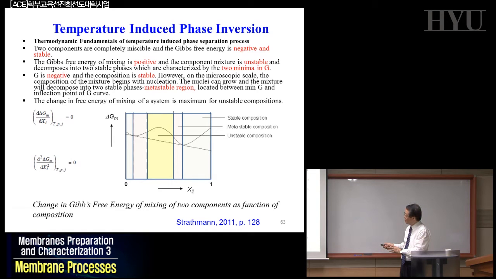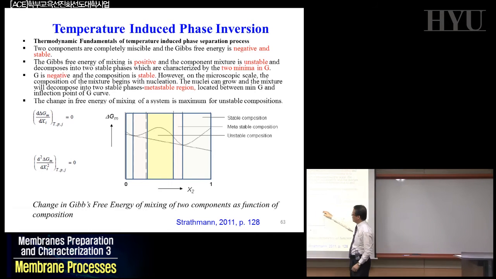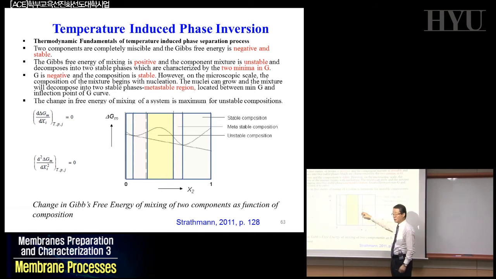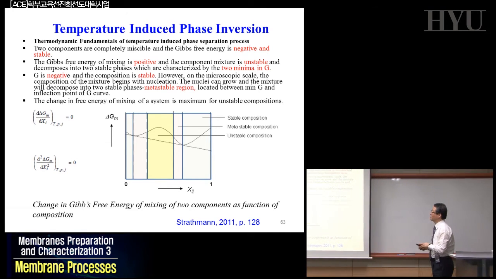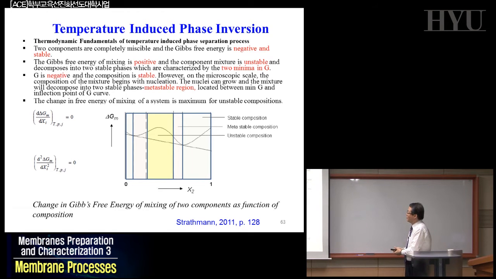You start from the right-hand side, you pass, you start to see the milky phenomena, and all of a sudden you reach precipitation. So we can describe the interface between the stable region and the metastable region as the binodal points, and the interface between the metastable region and the unstable region is called the spinodal points.